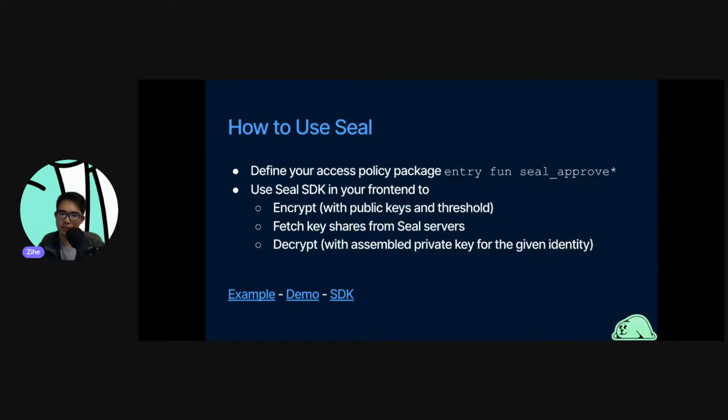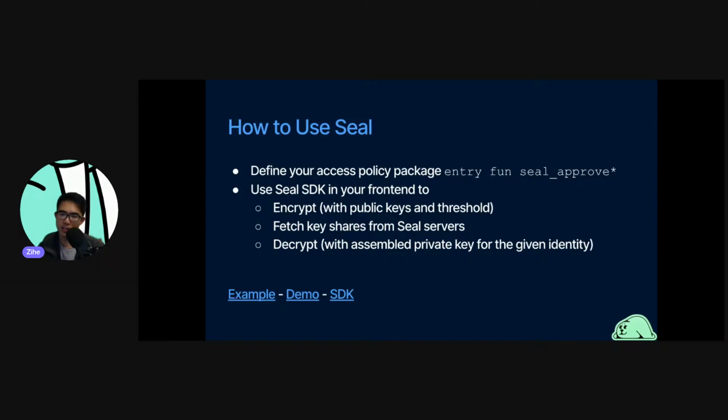You can use your Seal SDK on your front end to encrypt with the public keys from the key servers, and also define the threshold that you want the policy to gather, right?